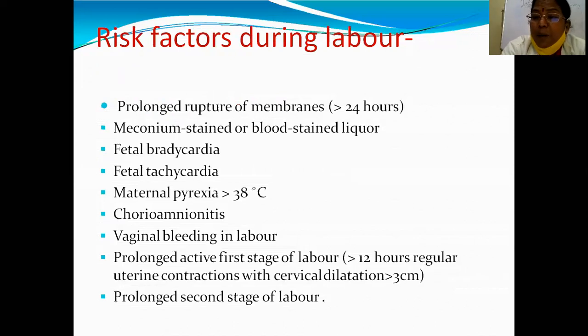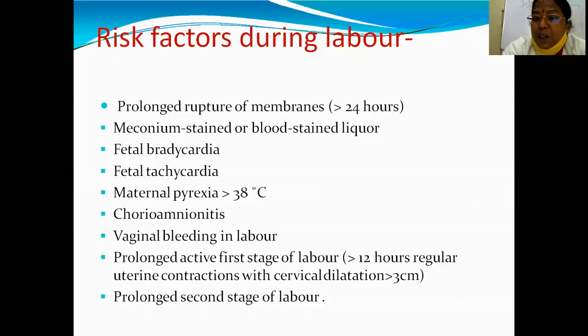So during labor, what are the risk factors where we want continuous monitoring? Nowadays we do not allow prolonged rupture of membranes, but if she has it before coming to the hospital, prolonged rupture of membranes more than 24 hours, meconium staining or blood staining of the liquor.